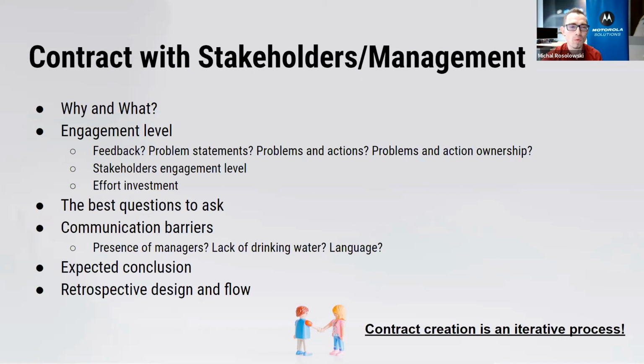That is, what would happen so that people don't want to speak in the retrospective, like presence of managers, or lack of drinking water, or maybe the language used. When people see the management or the stakeholders, they may not be willing to speak so easily. So you have to design your retrospective so that they speak, before you run it. And lastly, what is it that this retrospective is supposed to conclude with?